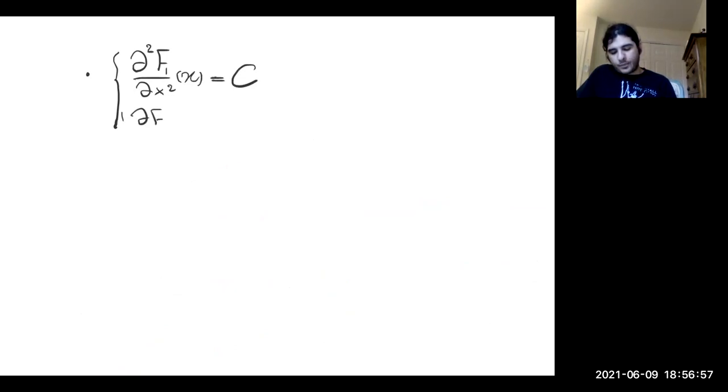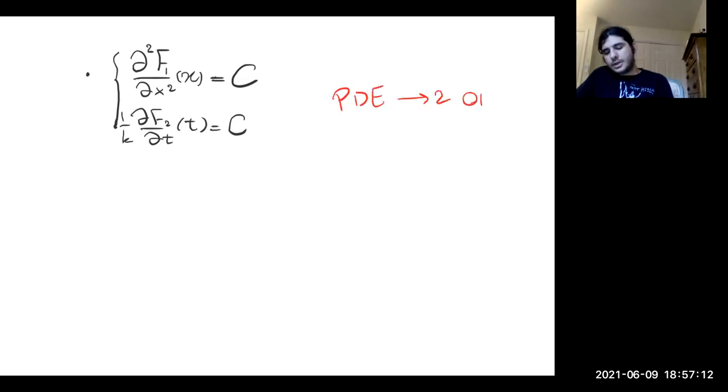Okay, so we end up with two equations. Each of them is an ODE. So we started with one PDE, and we got two ODEs.